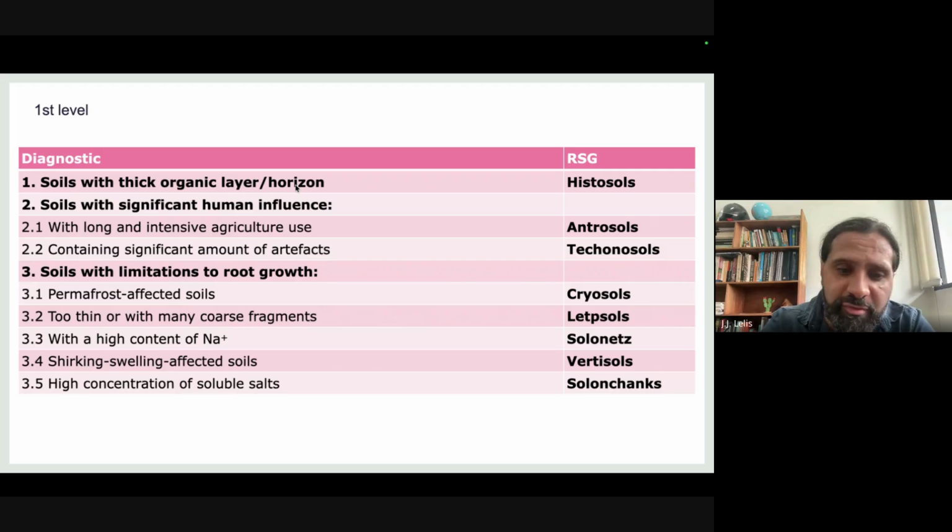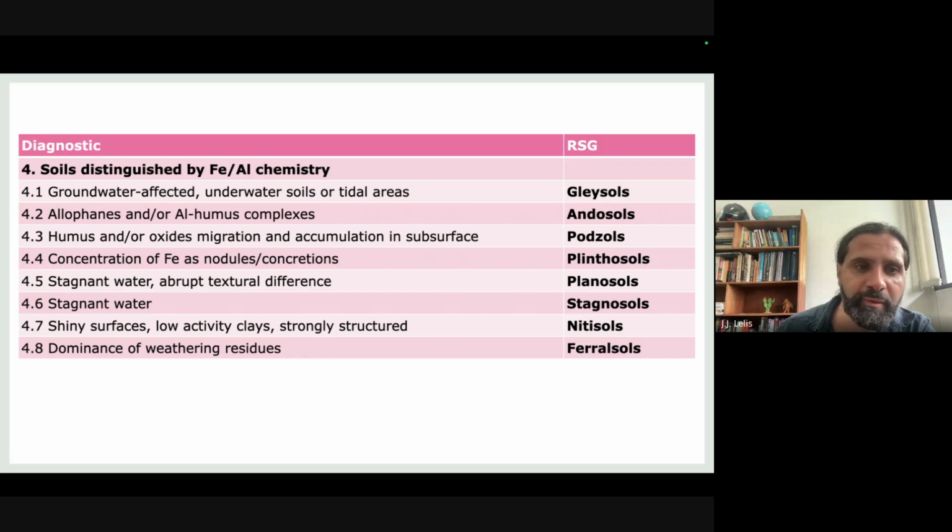Okay. We have some soils that express high concentration of soluble salts, and we call them solonchaks. Okay, and sometimes because of the salts, we don't register high root growing because of the salt and high electrical conductivity. We also have some soils with, let's say, particular iron aluminum chemistry, and we call them gleysols if they are affected by underwater, tidal water, or water table layer with clay properties.